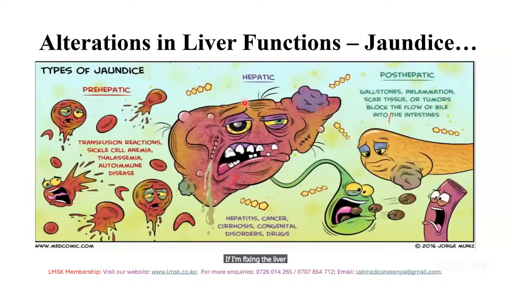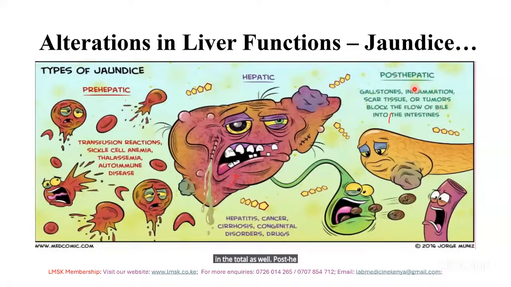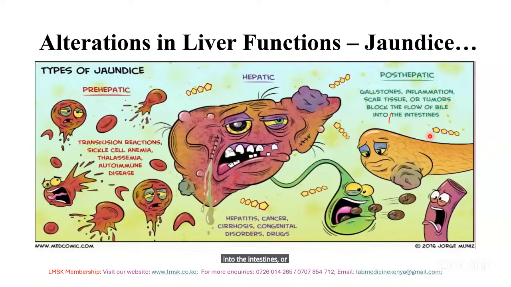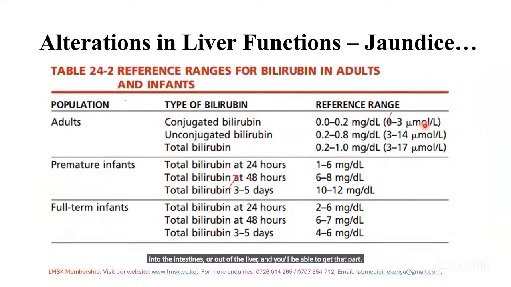You'll be able to get both unconjugated and conjugated elevated in the total as well. Posthepatic, mostly the conjugated bilirubin, where we have gallstones, inflammation, scar tissue, or tumors that block the flow of bile into the intestines or out of the liver, and you'll be able to get that particular issue there.